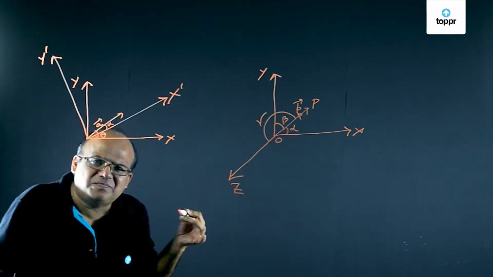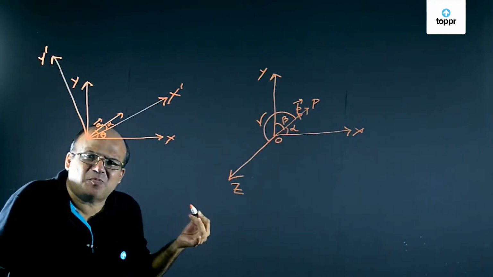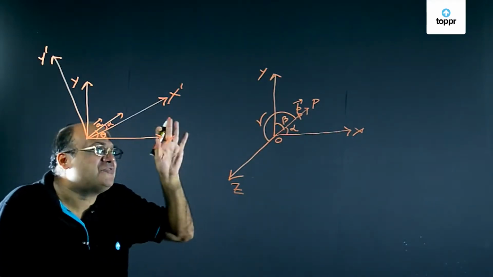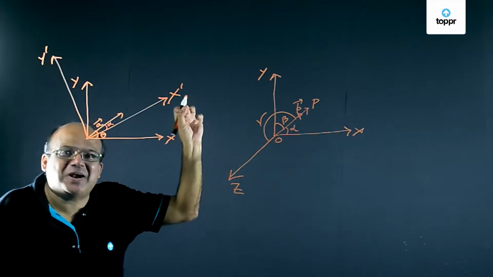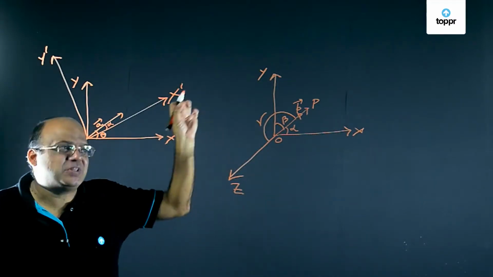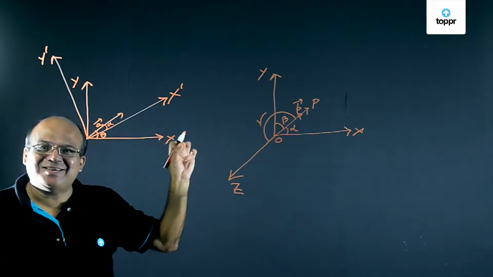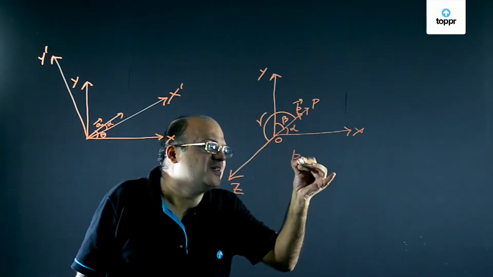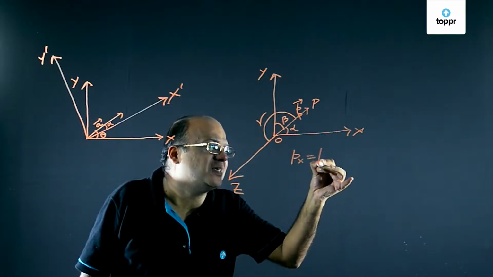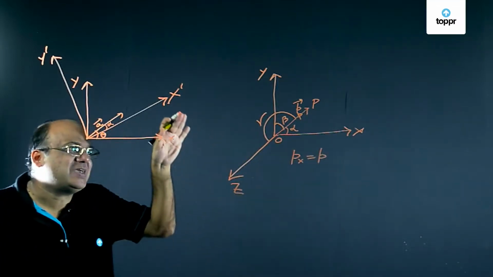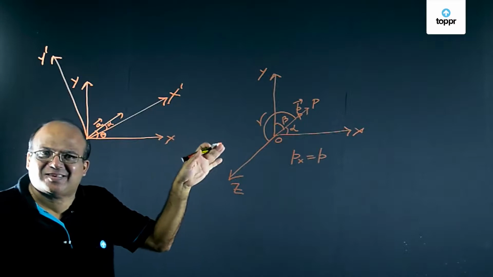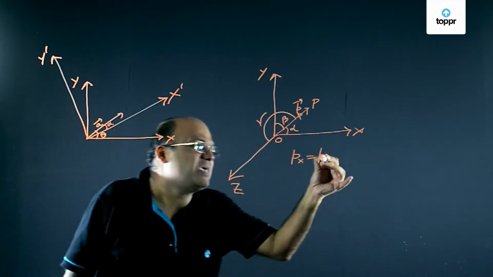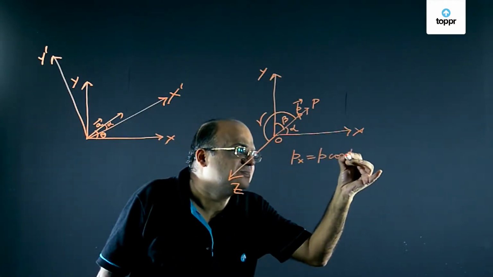So what is the x component of P? To find any component, multiply the magnitude with the cos of the angle between the vector and the direction. So Px will be equal to P into cos of the angle between P vector and x-axis. How much is that? Alpha. So P cos alpha. What will be Py?